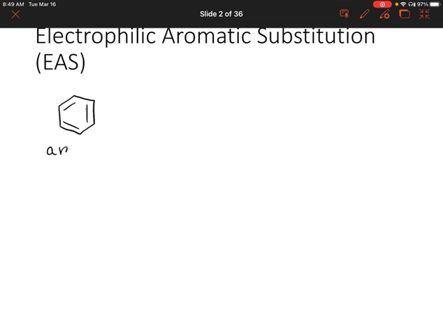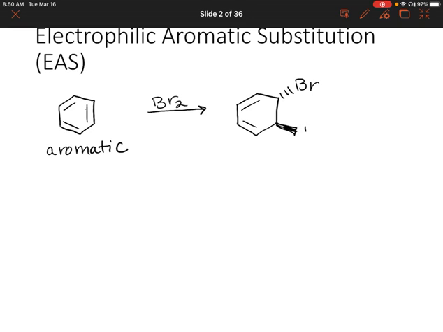All right, so we know that benzene is aromatic. And we previously discussed how if we try to do a traditional addition reaction on benzene, let's say to form the following product, it just does not work. And why doesn't it work? Well, let's look at our product, our hypothetical product.